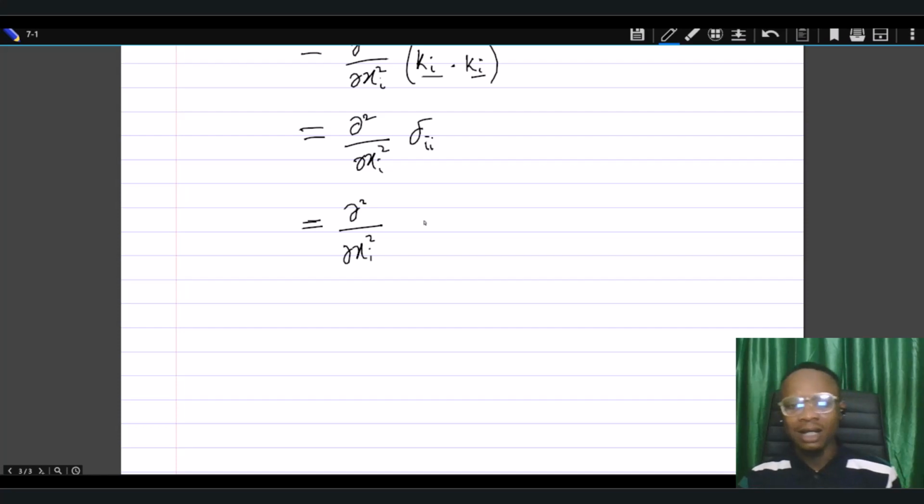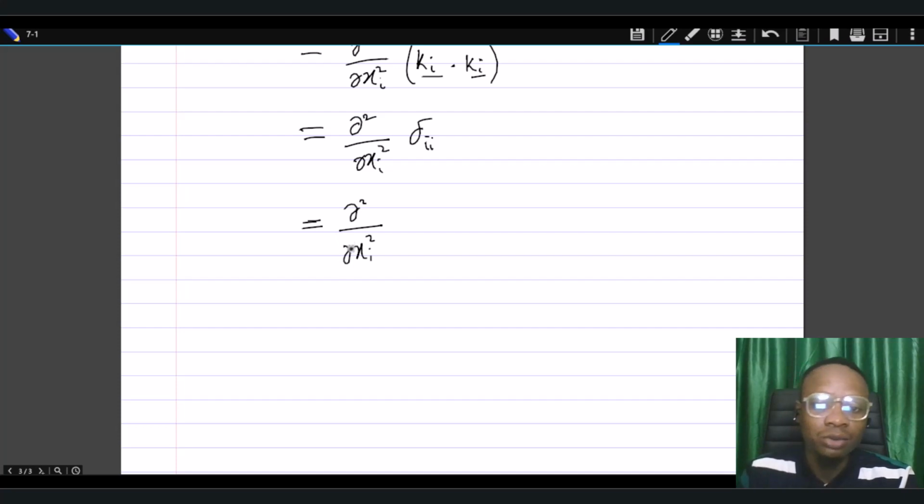Because by now we know that nabla squared, which is the Laplacian, should be del squared del x squared plus del squared del y squared plus del squared del z squared, and that implies that we should go from 1 to 3.